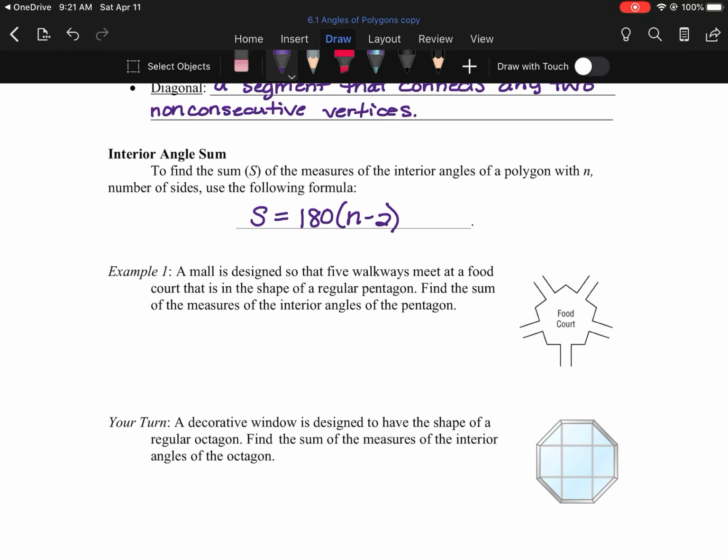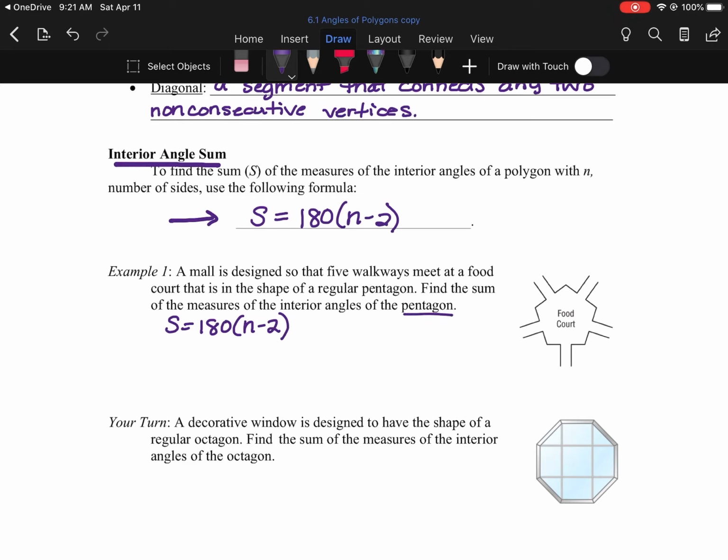All right, so our first example says a mall is designed so that 5 walkways meet at a food court that is in the shape of a regular pentagon. Find the sum of the measures of the interior angles of the pentagon. This formula helps us find the sum of the interior angles, and that's exactly what they asked us to find. So let's write down our formula. S equals 180 times n minus 2, where n is the number of sides.